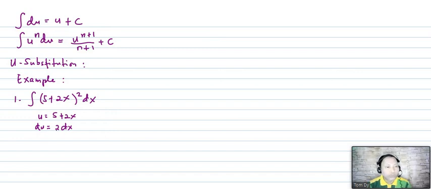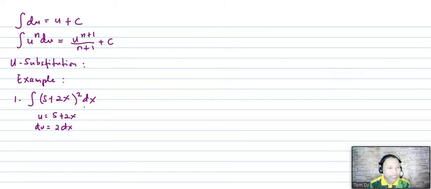Again, if we use this formula, if this is u, then this must be du. So if our u is 5 plus 2x, then our du is 2 dx.